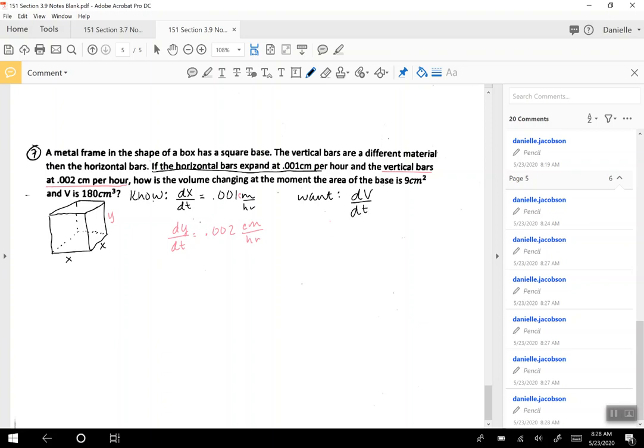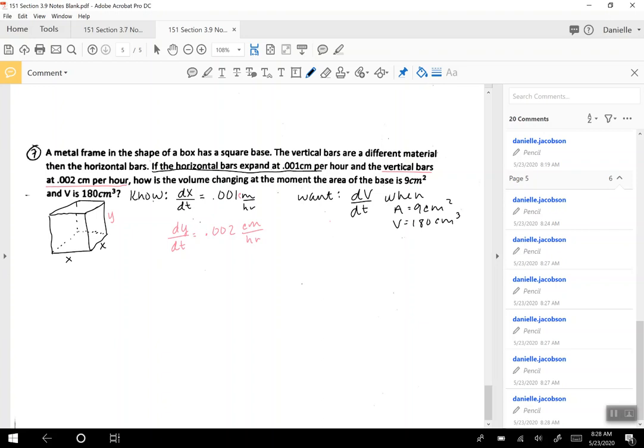So we want dV/dt when the area is 9 centimeters squared and the volume is 180 centimeters cubed. Okay, so it looks like we pulled all of the information out of here. Now what we're going to have to do is set up an equation and start tackling the problem.